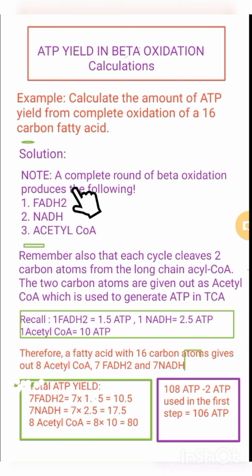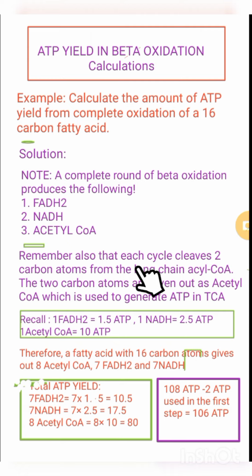Now we know clearly that all three products of beta oxidation will produce ATP at the end of it all. The FADH2 and NADH are important electron carriers in the electron transport chain, and they produce ATP equivalents. Acetyl-CoA is also channeled to the TCA cycle, where it is converted to ATP equivalents.